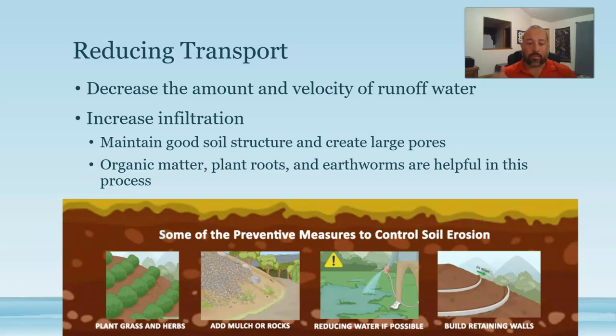And then earthworms are also doing the same thing as they're digging through the soil. And then we've got all sorts of other methods that we can see down here, that are also going to be ways that with human intervention we can try and control soil erosion by reducing transport.